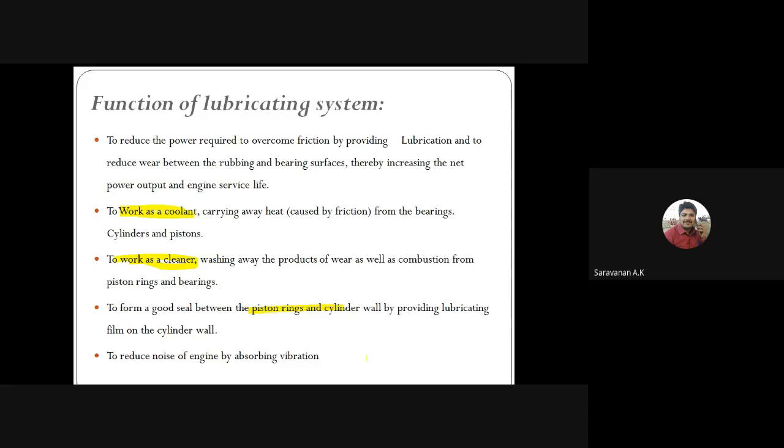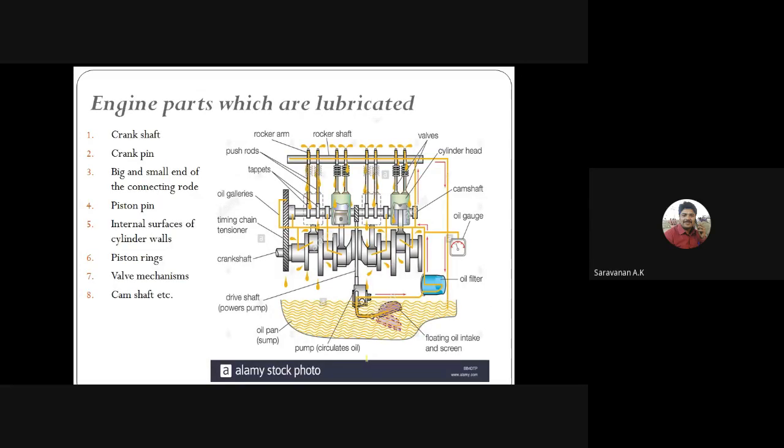And the engine parts: what parts do we have to lubricate? Most of the engine parts have motions, so most of them have to be lubricated.